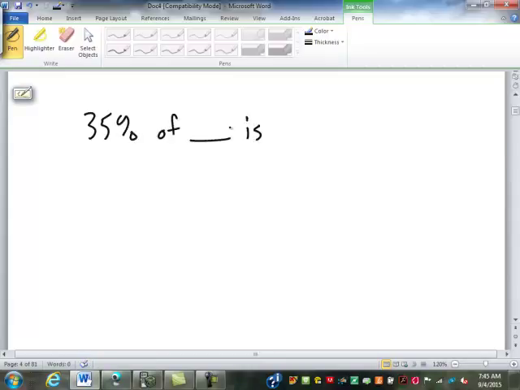So 35% of blank is 28. So, again, 35%, 35 over 100. We have the missing number in the 28.